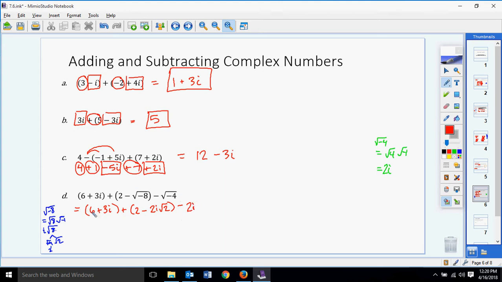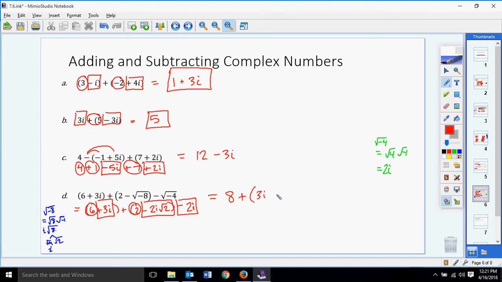So now collect like terms. If you see there's a 6 and a positive 2, those are the real numbers, so that would give me 8. And then look at your i numbers. You have a 3i, a minus 2i square roots of 2, and a minus 2i. So let's put that all in parentheses.